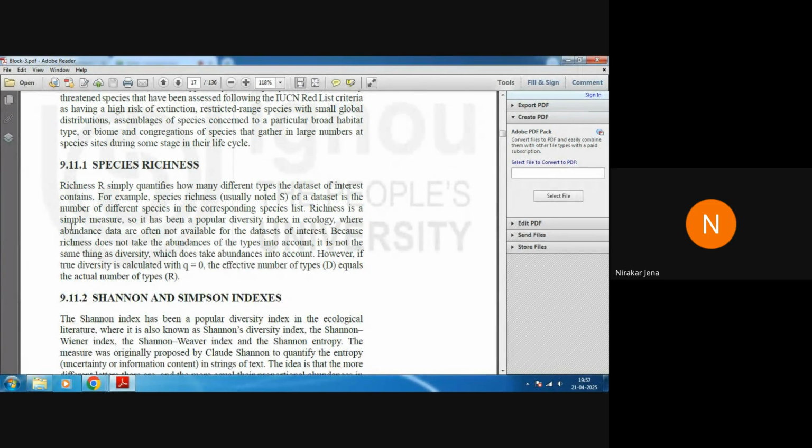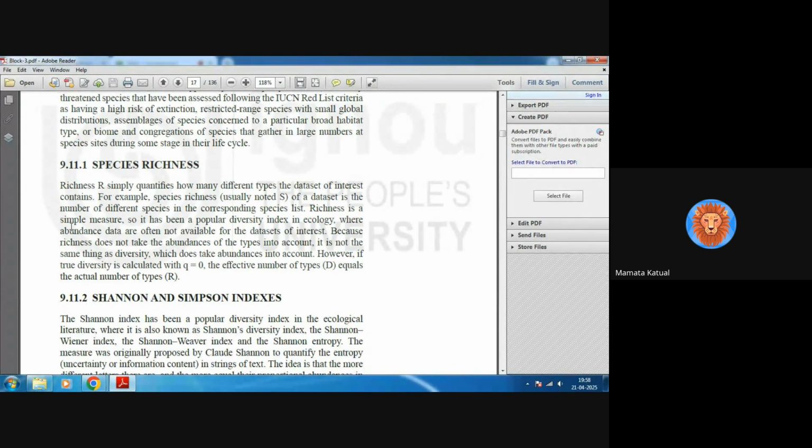If 5 individuals of species A are present in that area, then that is known as the species abundance of species A.